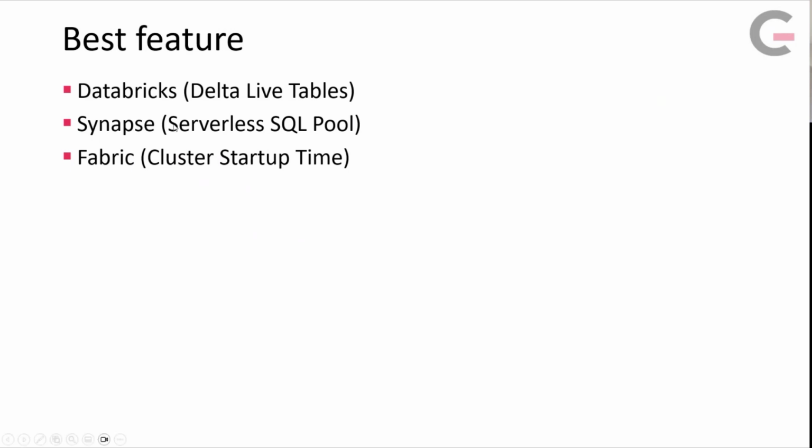For Synapse, my personal best feature is the serverless SQL pool, because you can just use T-SQL and access your files and then do all your transformation theoretically in T-SQL, and you have super fast access and can easily check stuff. So yeah, I really appreciate the serverless pool.